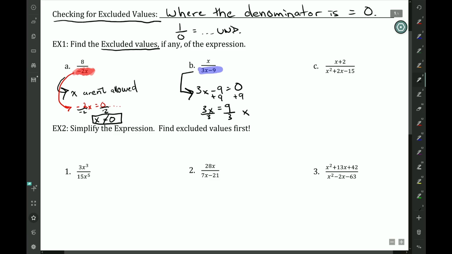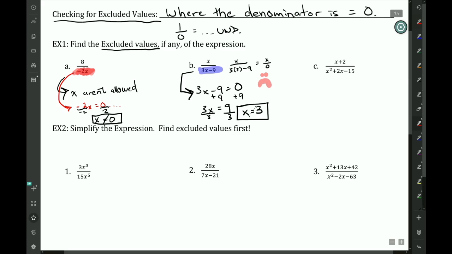So that means x is equal to 3. And again, if you're checking, that means technically we can't allow 3 into the party, because if you put that in there, you would have x over 3 times 3 minus 9. So you would have x over 0, and that would not be good.